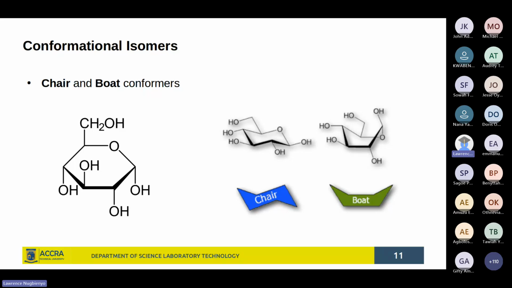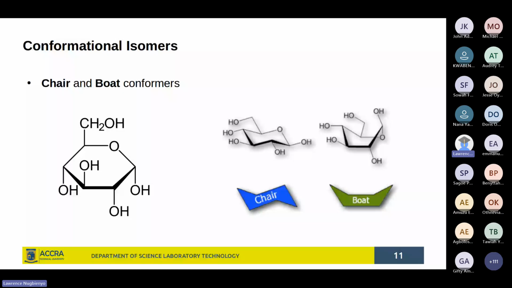So we can also talk about what we refer to as conformational isomers with ring structures. You find these conformational structures with the pyranoses. Pyranoses have these conformational isomers, which we refer to as the chair and boat conformers.